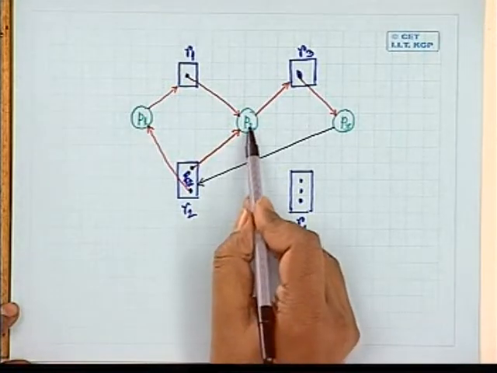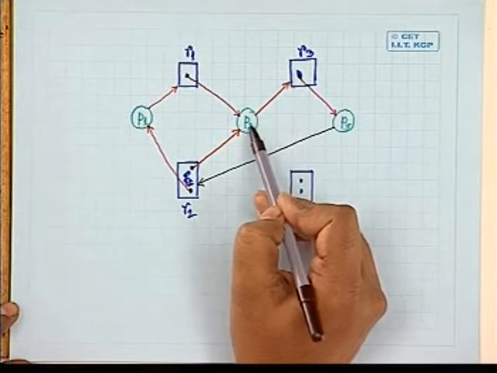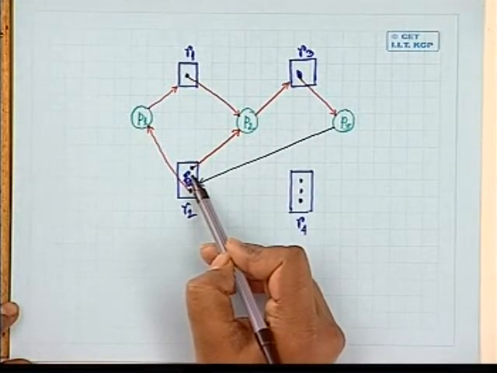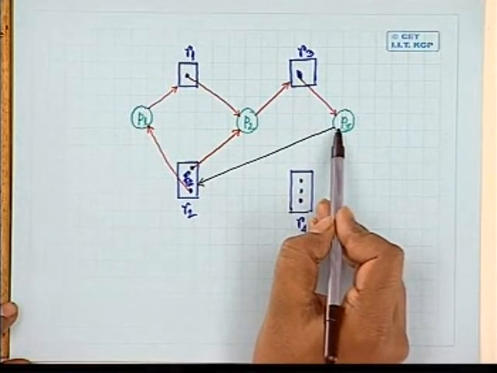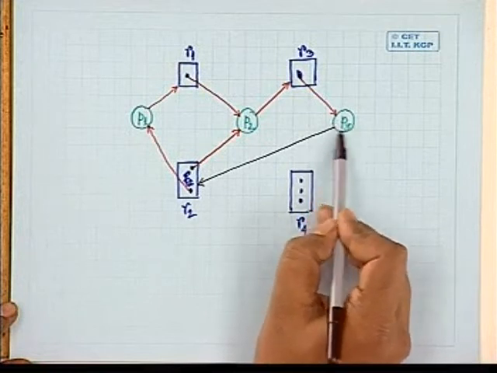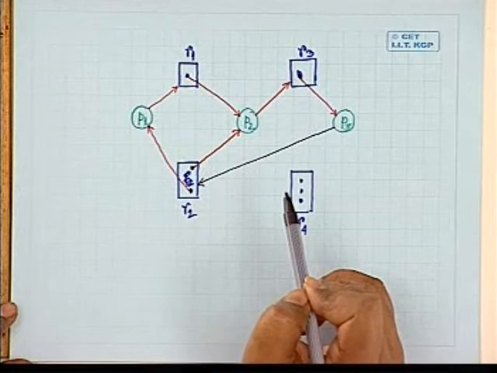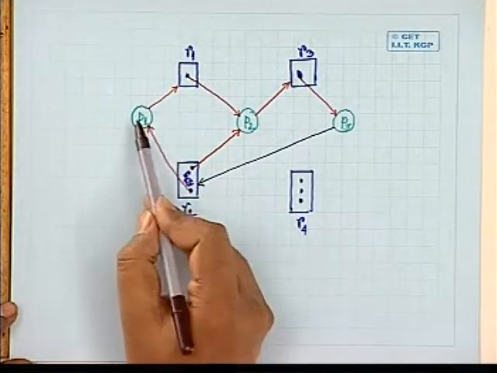Right? P2 in turn is waiting for R3. Until and unless R3 is available, P2 will not complete operation, so it will not release R2. R3 in turn is allocated to P3. So until and unless P3 completes operation, it will not release R3. Coming back to this, the other instance of R2 is allocated to P1.